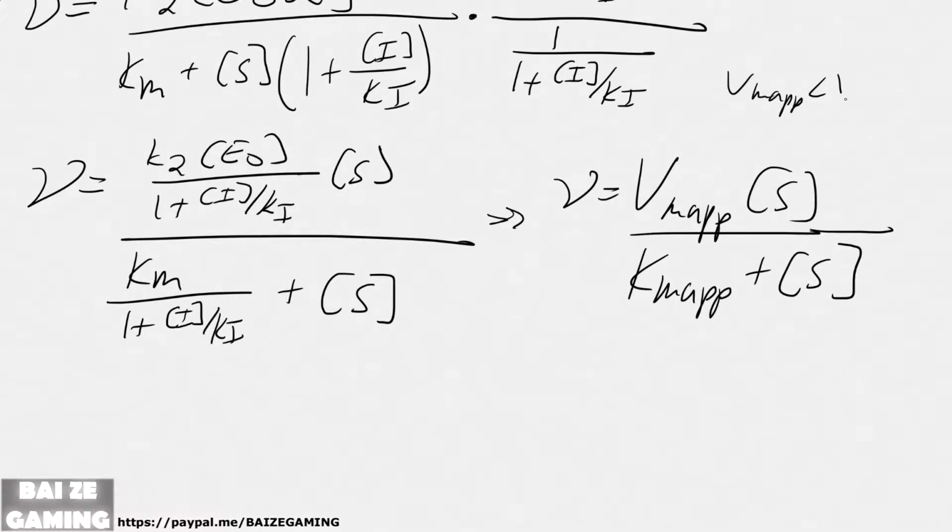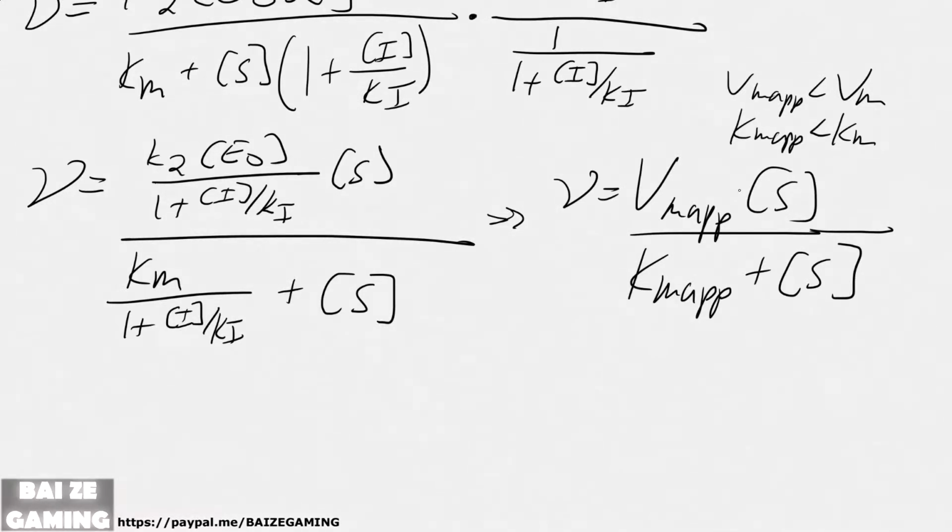VM apparent is lower than VM. KM apparent is lower than KM. And you'll see that this is kind of conflicting. A higher VM is better and a lower KM is better. So you have to see what outweighs it. Look at this.